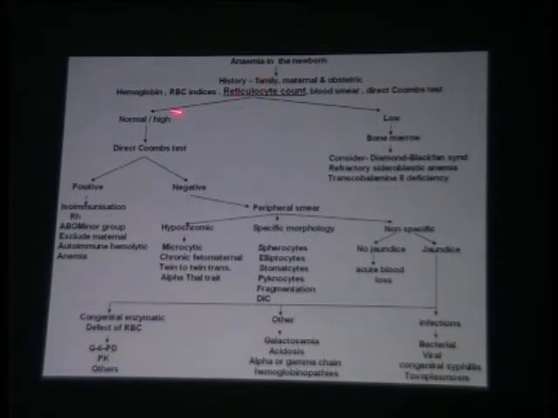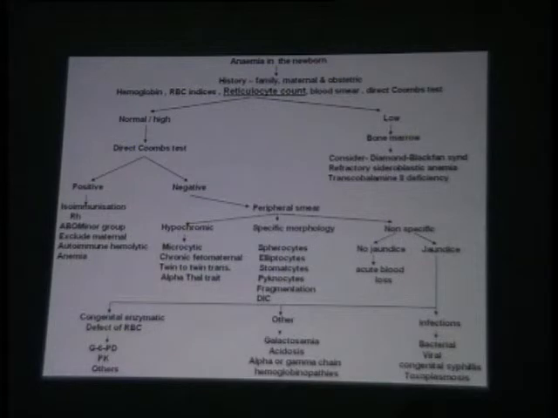However, if they are normal or high, do the direct Coombs test and rule out the hemolytic group of disorders. Quite common, you must look at this carefully. If direct Coombs test and other tests are normal, you must look at your peripheral smear.